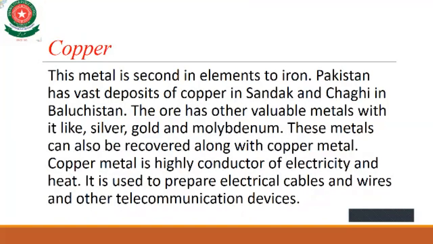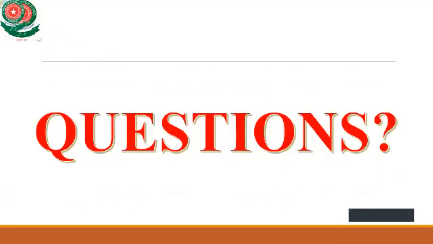These metals can also be recovered along with the copper. Copper is a highly conductive metal. It is used in electric wire. It is used to prepare electrical cables and wires and other telecommunication devices.